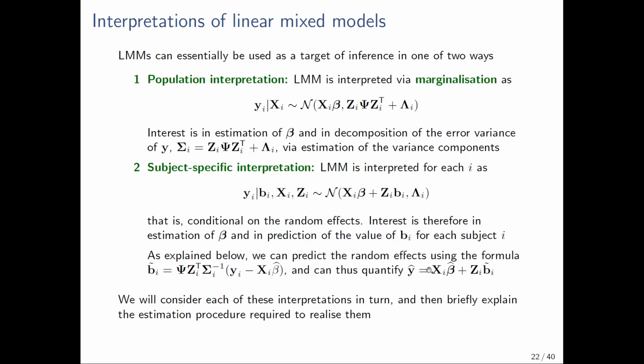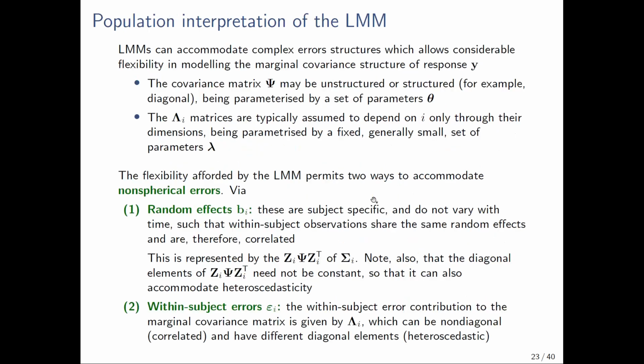Now we'll consider each interpretation in turn and then explain the estimation procedure required to realize them. So the population interpretation. The population interpretation matters because linear mixed models can accommodate complex error structures, and that allows considerable flexibility in modelling the marginal covariance of the response variable y.